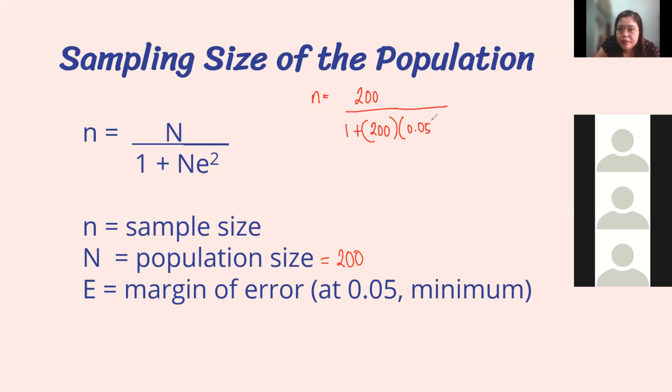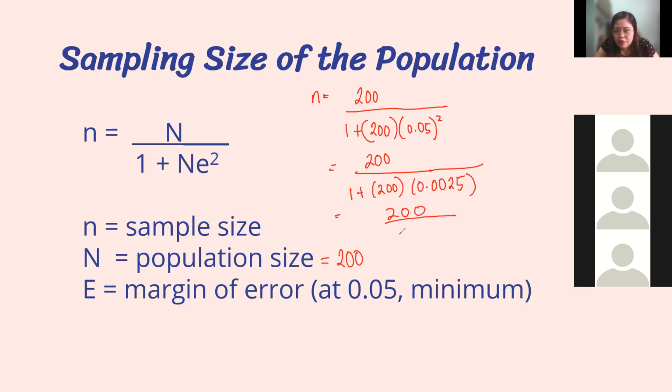But take note that it needs to be squared. So 200 divided by 1 plus, PEMDAS, so let's start with 0.05. 0.05 squared is 0.0025. And then after that, PEMDAS, multiplication comes before addition, so this is times 200, which is 0.5.